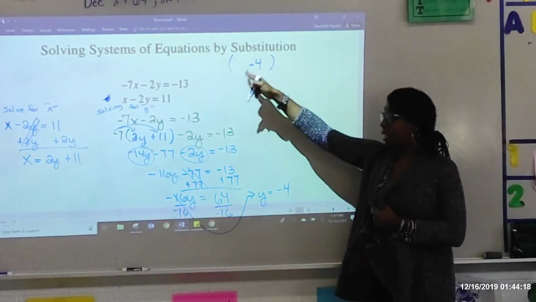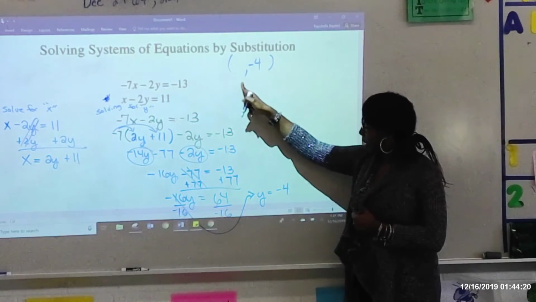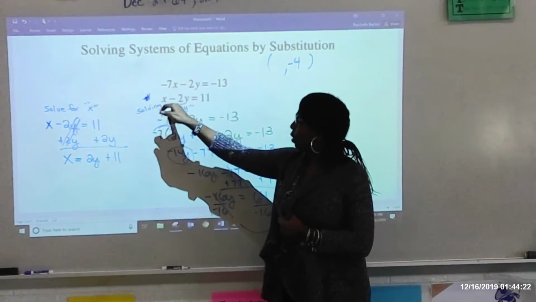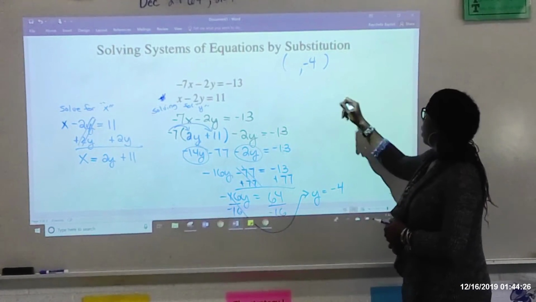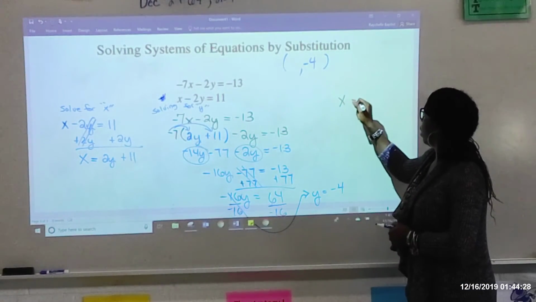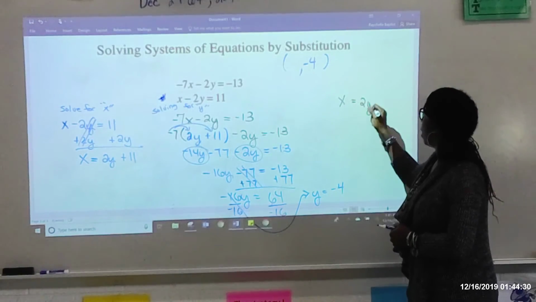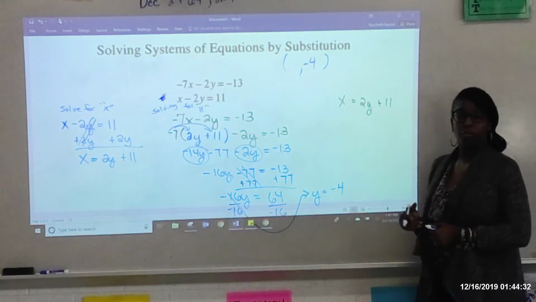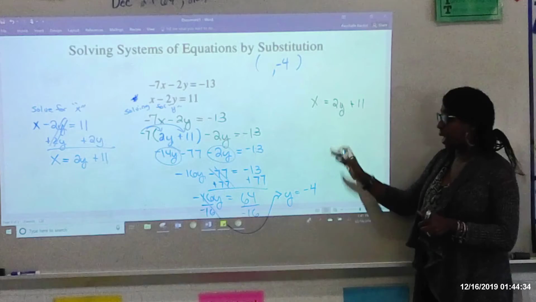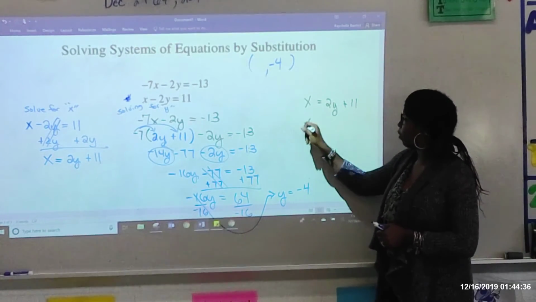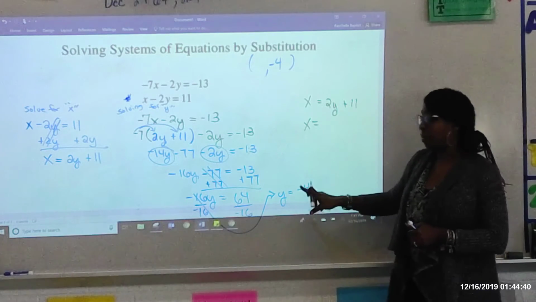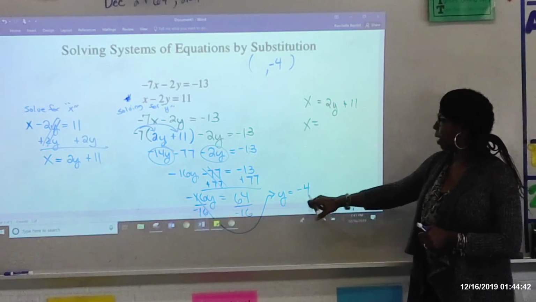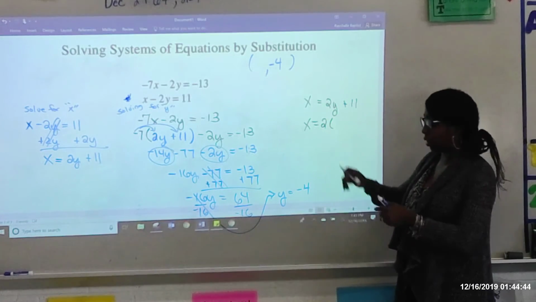But remember, I need to find x. So let's go back to the equation that we rewrote, which was x is now equal to 2y plus 11. It's in a format for me to find x. So now I'm going to write x is equal to, and where I see y, I'm now substituting negative 4, because that's what we just found.